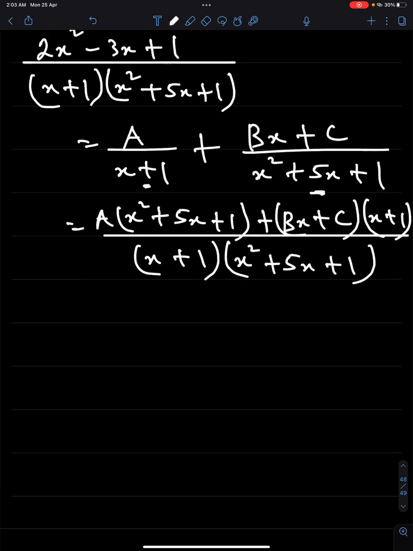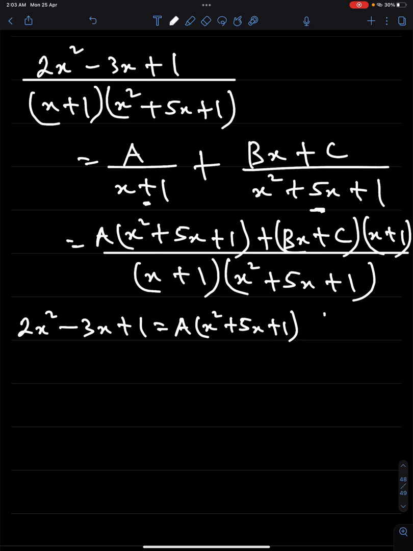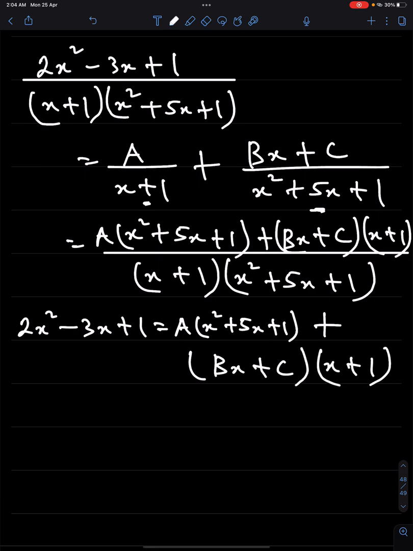Now that means 2x squared minus 3x plus 1 equals a times x squared plus 5x plus 1, plus bx plus c times x plus 1.